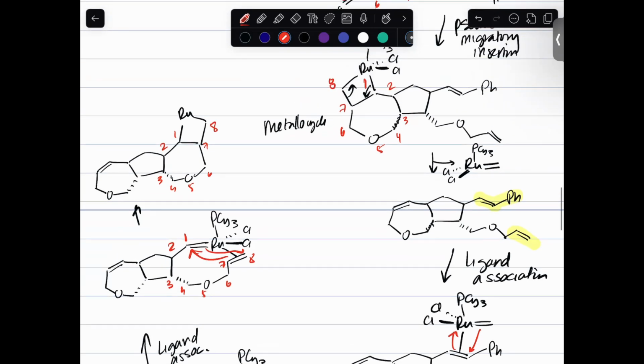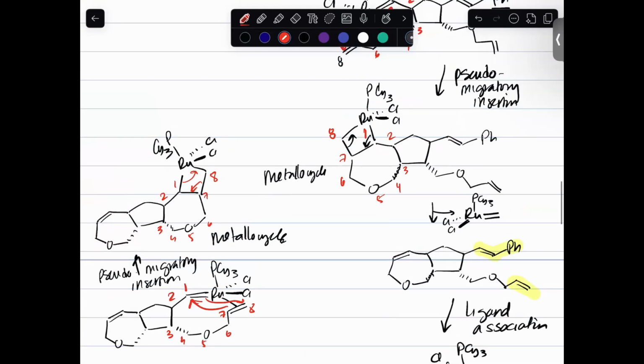It's the exact same mechanism. You have formed your metallocycle. Sorry, I forgot to write out pseudomigratory insertion. It collapses, and I have formed my 2 7-membered rings. Just really clever.